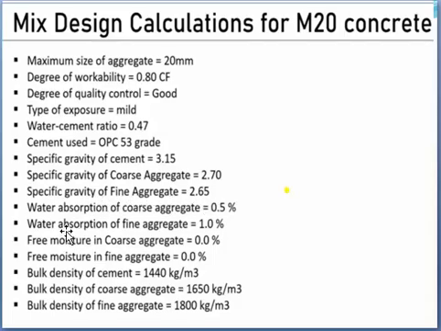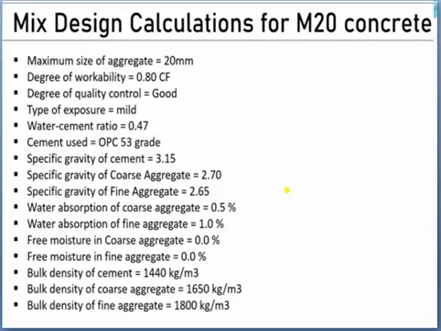Then water absorption for the coarse as well as the fine aggregates is 0.5 and 1% respectively. Free moisture content in coarse as well as fine aggregate is taken as 0%. Then bulk density of cement, coarse aggregate and fine aggregate: 1440, 1650 and 1800 kg per cubic meter respectively.